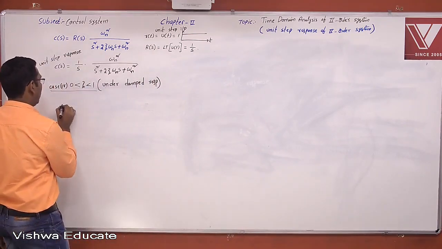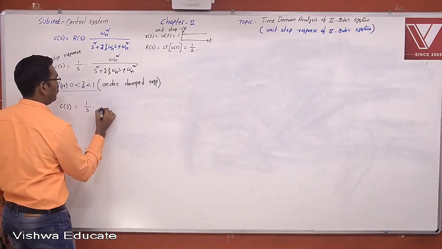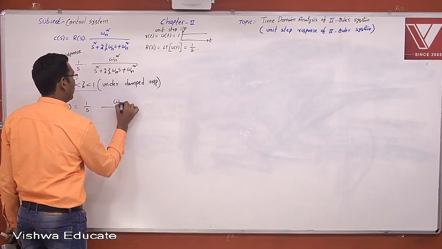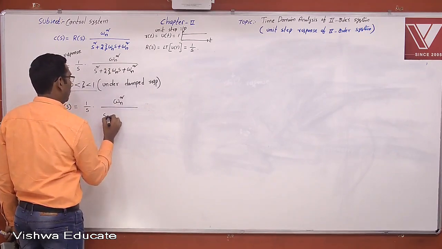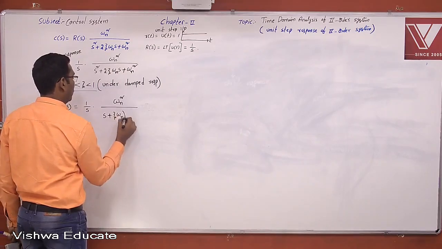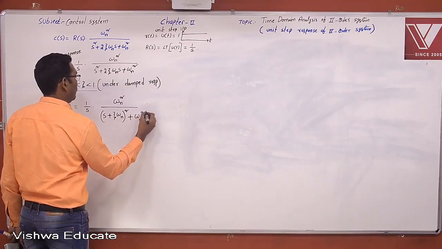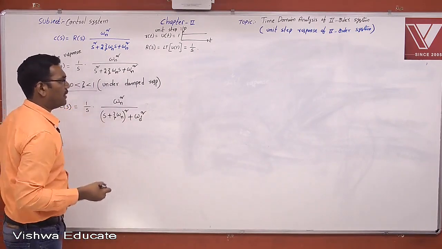Now the transfer function C of s equals 1 by s into omega n squared by s plus zeta omega n whole squared plus omega d squared. Partial fractions and all these things are not required. I will write the answer directly.